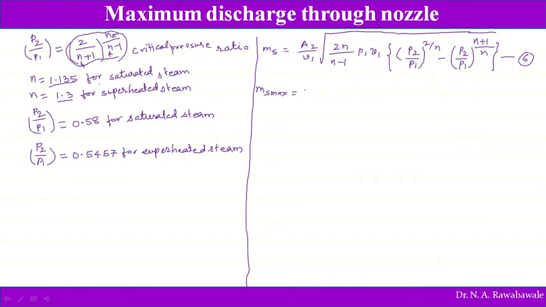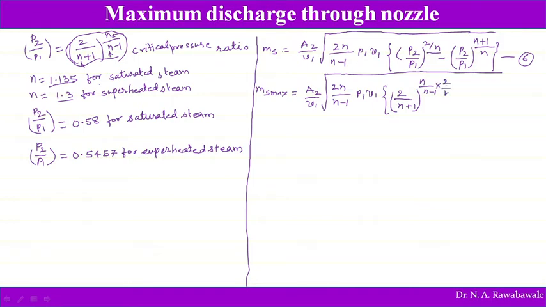This is equal to A2 divided by V1, square root, 2 divided by n minus 1, P1 V1 as it is, and in place of P2 divided by P1 we substitute (2 divided by n plus 1) to the power of n divided by n minus 1, and this power 2 divided by n will be in multiplication.